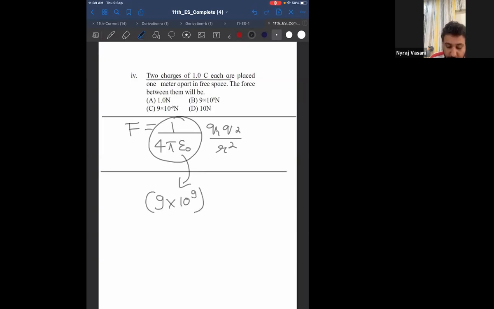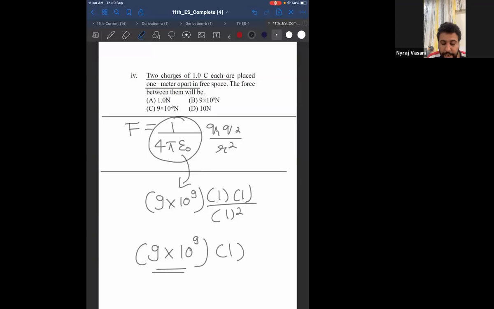And what they are saying is the two charges are of 1 coulomb each. That means Q1 is also 1, Q2 is also 1, divided by, they are placed 1 meter apart. Therefore, R square is also 1 square. Therefore, I am left with 9 into 10 power 9 into 1, because 1 into 1 by 1 square is 1. Therefore, I am left with only 9 into 10 power 9 Newton.